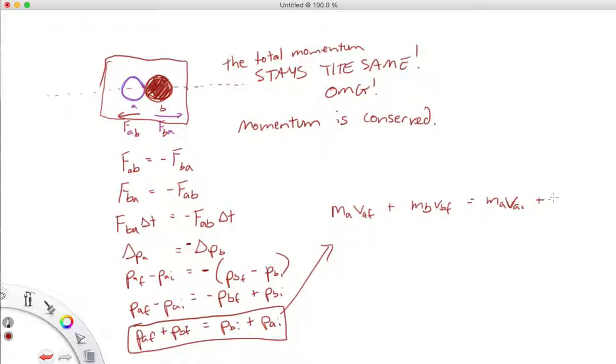And you can also do this for B: the mass of B times the initial velocity of B.